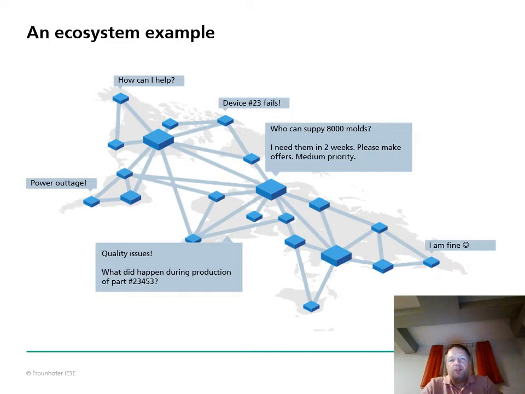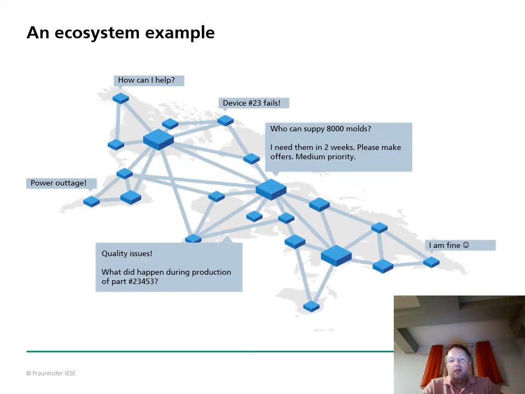And that becomes especially evident when we look at a larger scale. So production today is no longer limited to an individual factory or to a production line, but it is a networked system of suppliers, of companies. Maybe a single company has several production plants that can take over for each other.